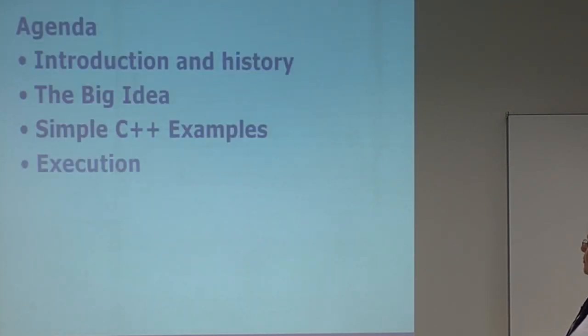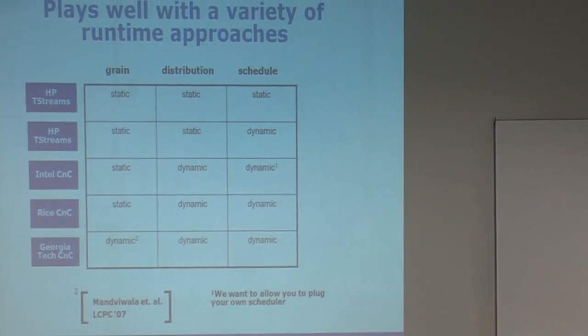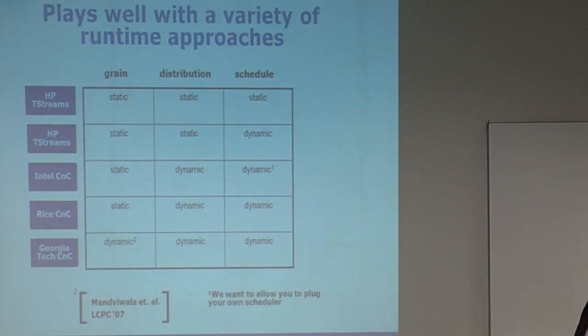Here are a bunch of examples, just to drive home the fact that this back end could be a lot of different things. To define a back end, you might want to define three different things: how the grain size is determined, how the distribution across the processors is determined, and how the scheduling within the processor is determined. At HP, this stuff was called T-streams, for tagged streams.